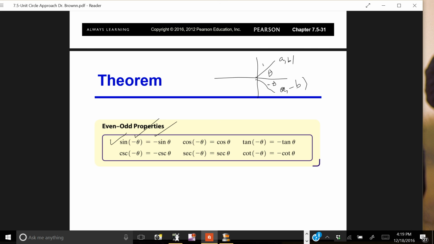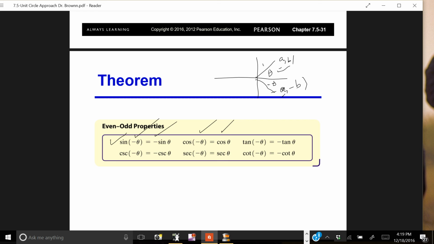By the same token, we see that for theta and minus theta for cosine, they have the same value, A and A. So cosine of minus theta is equal to cosine of theta.